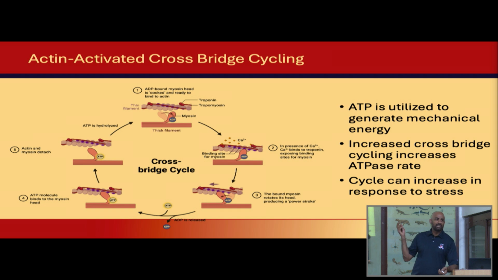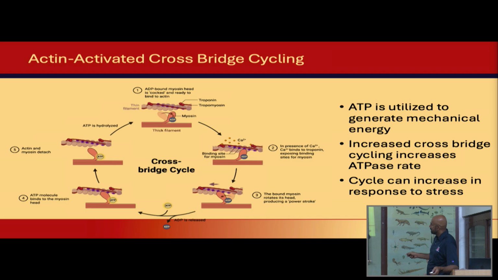So this is the standard. If you look at any biochemistry book on how muscle works, this is cross-bridge cycling. With every beat, every contraction, you can see ATP comes in and binds to myosin, and at the same time calcium binds to troponin C. Once that binds, the myosin is exposed to interact with actin.